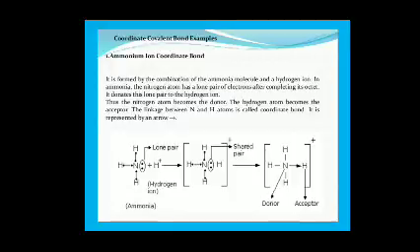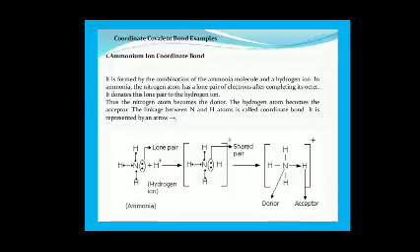So a coordinate covalent bond is formed between ammonia and hydrogen ion. Here see the reaction between ammonia and hydrogen ion. Ammonia has one nitrogen atom and three hydrogen atoms.